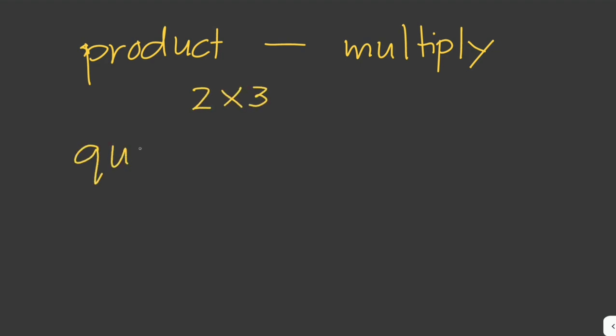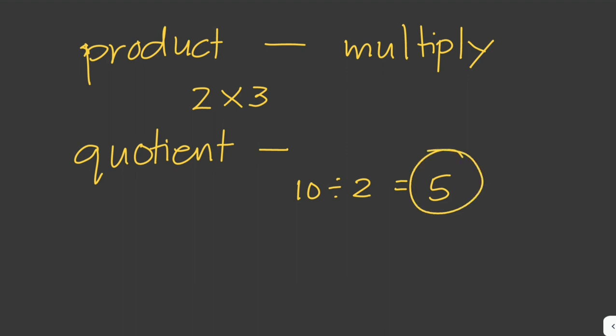And then we have quotient. Quotient is the answer we get when we divide. Say for example, 10 divided by 2 equals 5. 5 here is our quotient, 2 is our divisor, and 10 is our dividend.